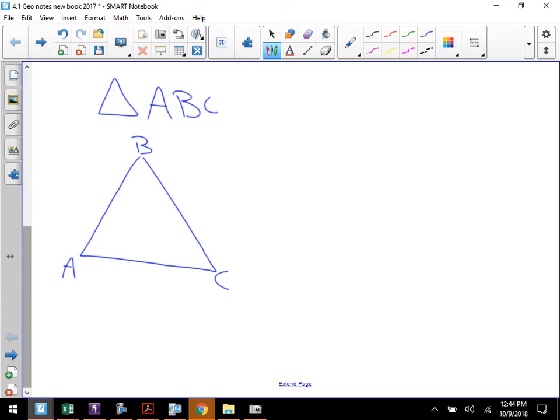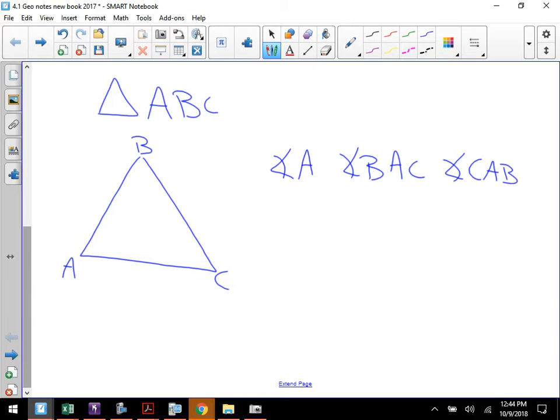Now, when you guys label angles, give me an example of an angle in here. Like angle A. I see where you're going with that, but what I'm saying is if I look at this diagram, and if I say angle A, that's the exact same thing as saying angle BAC, isn't it? It's the same thing as saying angle CAB as well. Whenever I have only one possible vertex, in this case angle A, I can use one letter.